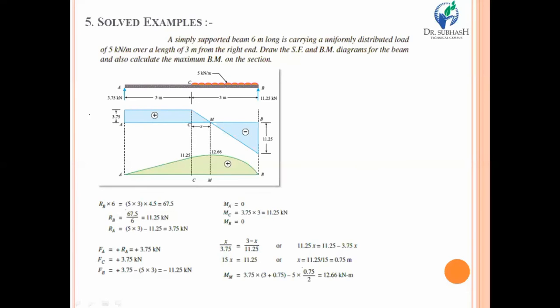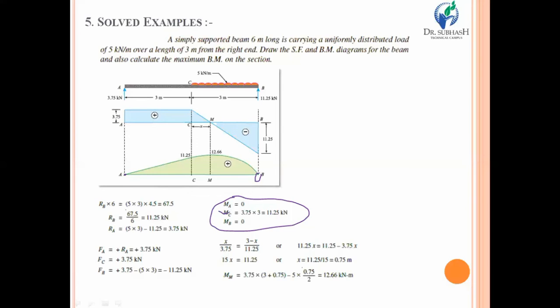Then, drawing the bending moment diagram, first of all you need to locate all the points or the moments which are acting on different sections. We know that at section A and section B there is nothing, zero bending moment, so it will be marked horizontally.